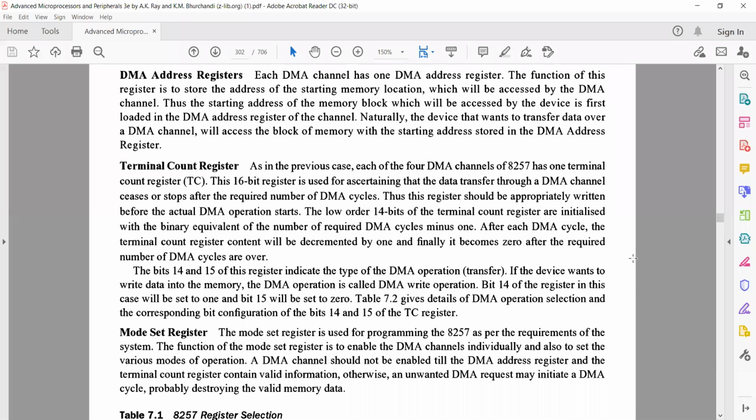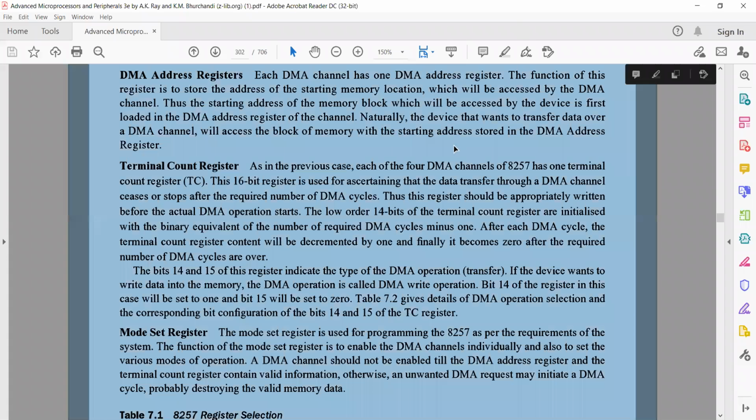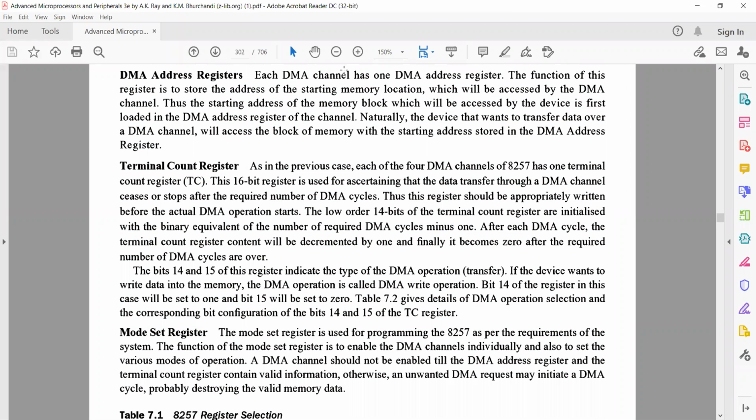In order to understand this, you have to go back to the DMA process. What did I tell you? The bus system of the microprocessor is in the control of the DMA for data transfer.